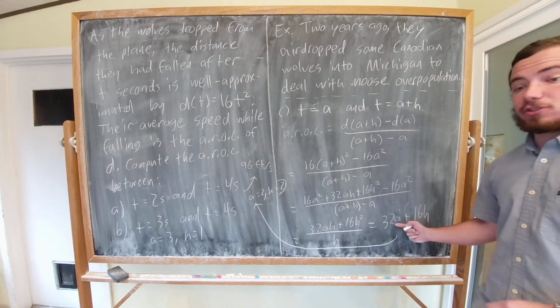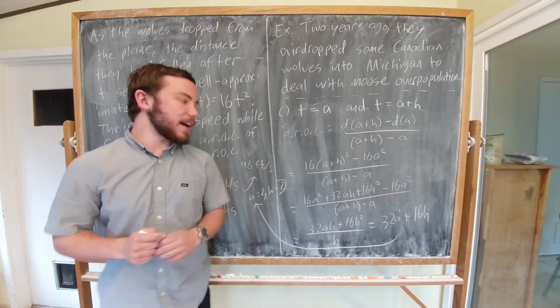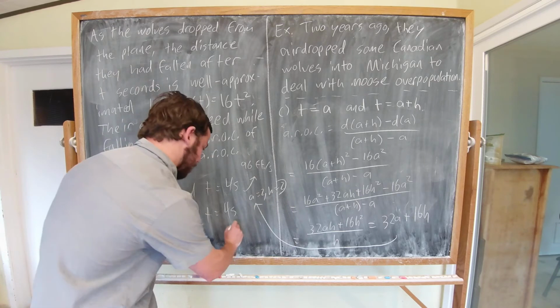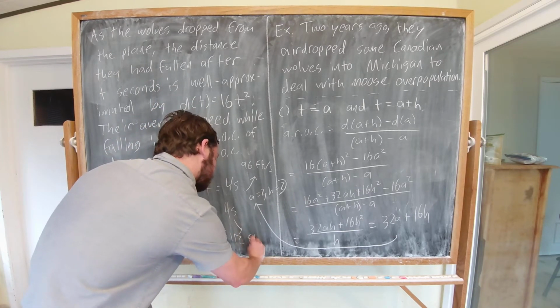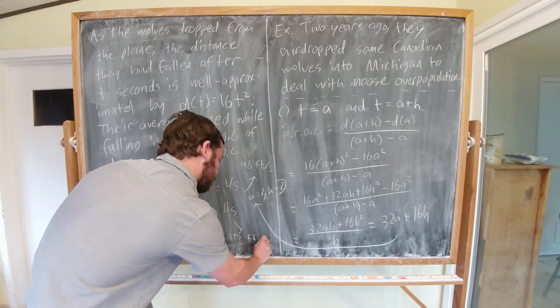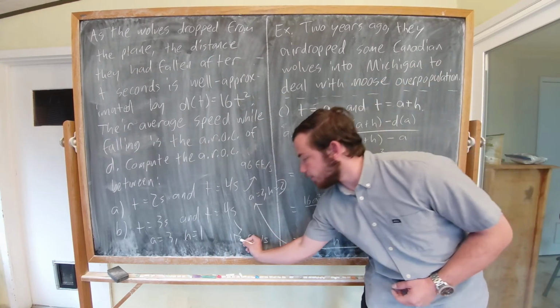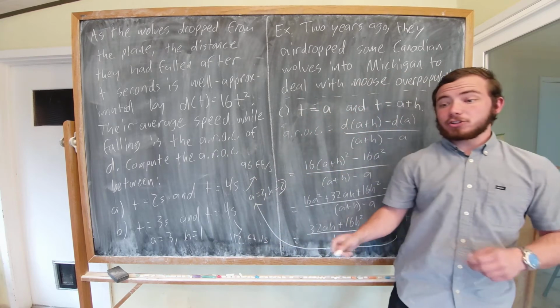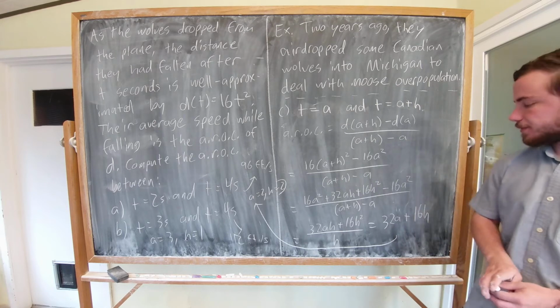And we get 32 times 3, which is 96, plus 16, and that does, in fact, give us 112, which is what it should have been all along, 112 feet per second. So we see that this formula does hold for our previous two examples.